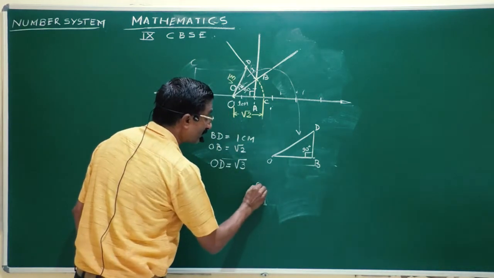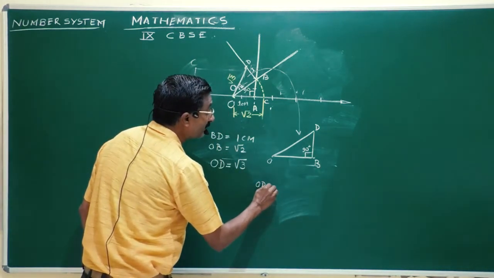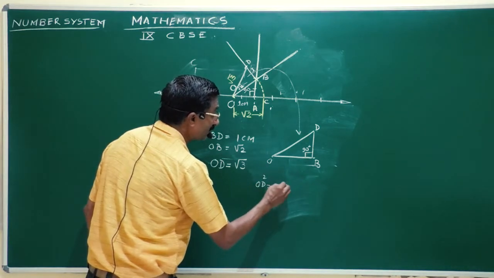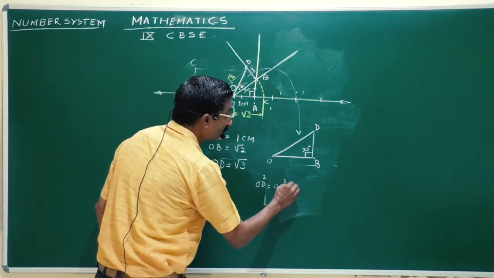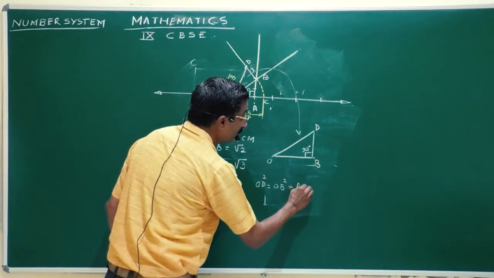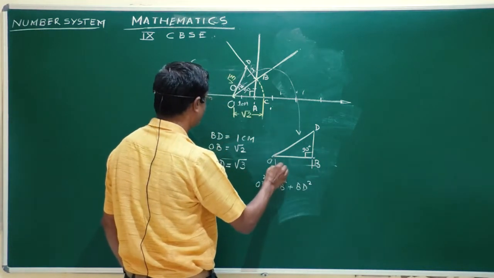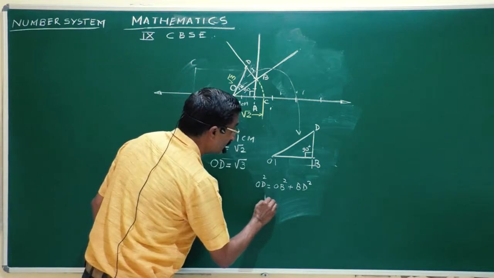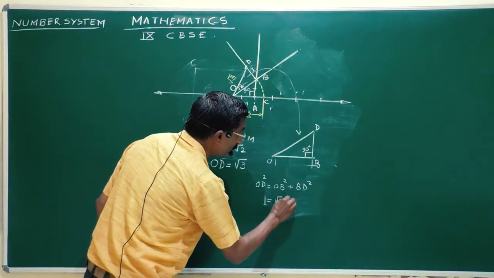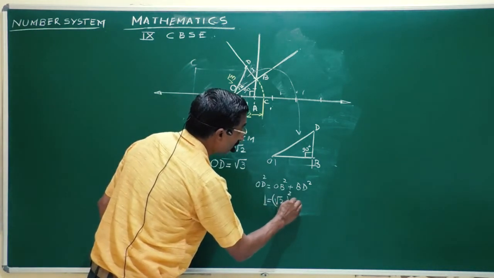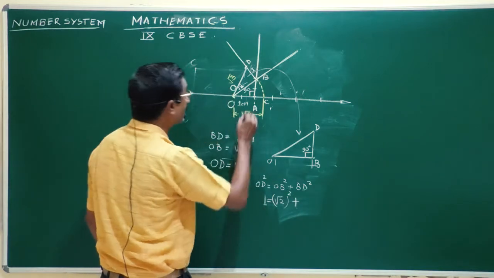Using Pythagoras theorem again, OD square is equal to OB square plus BD square. How much is OB? That is here, that is under root 2 whole square plus, how much is BD?